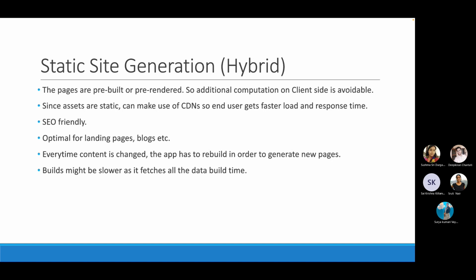Still it is dynamic, but the HTMLs are generated at build time. So we can host it on the server, and it will help with SEO and optimization. It will be fast. Another good thing is that it will be lightweight, because we already generated the HTML and all those things, right?